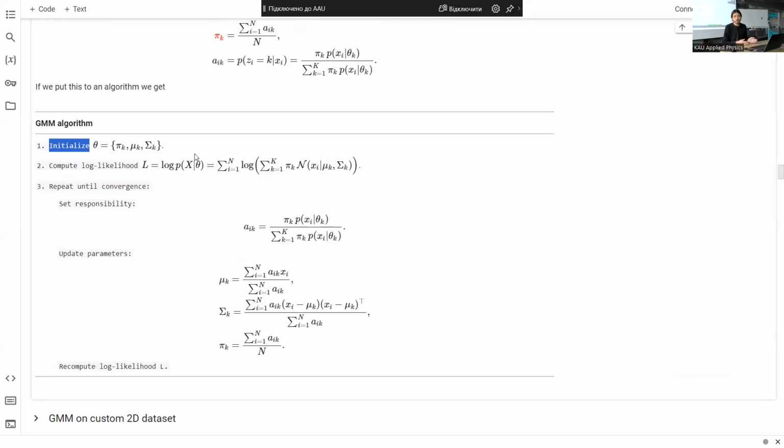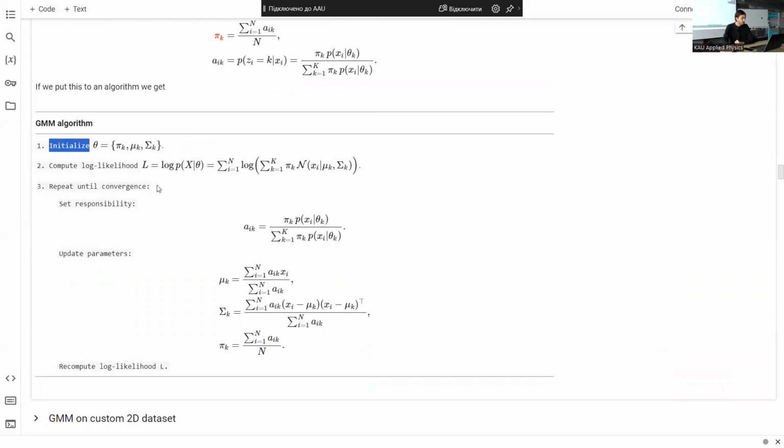I need to update the a's, I need to update the parameters, so I should start somewhere. So either I take some guess for a_ik, or I take some guess for the parameters. It's more natural, of course, to take some guess for the parameters. So in doing that guess, I'm setting some sort of parameters by any means.